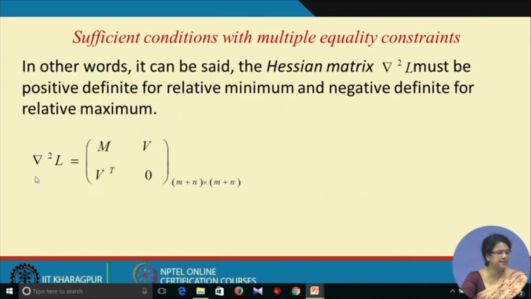And this is the del 2L. If we just write the Hessian matrix, you will see there will be 4 parts to it. You can partition the Hessian matrix.